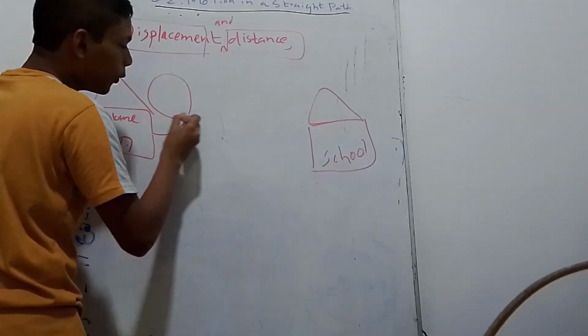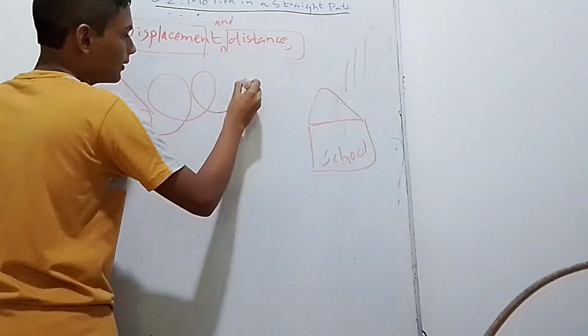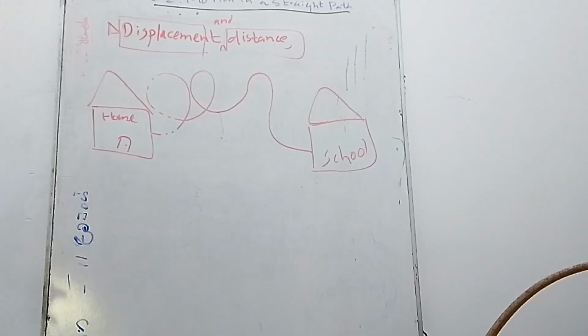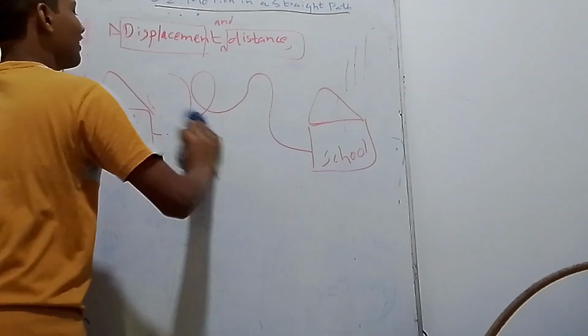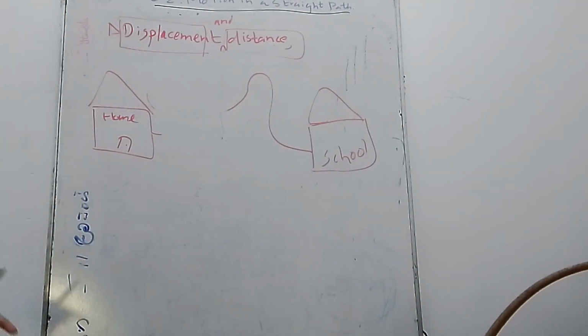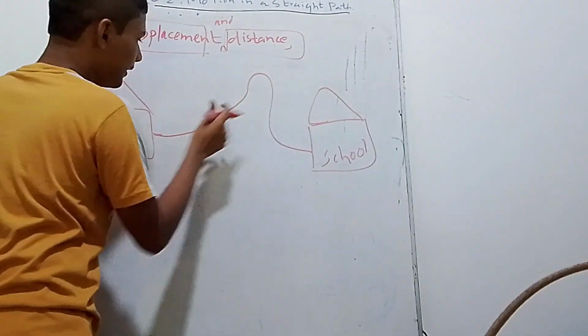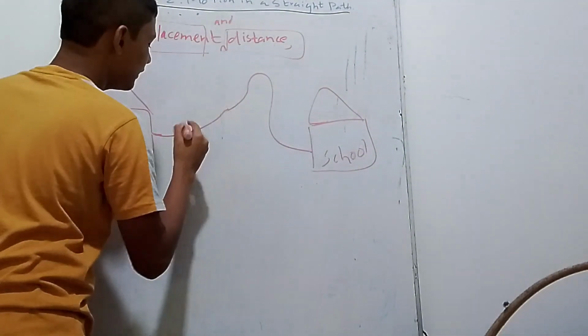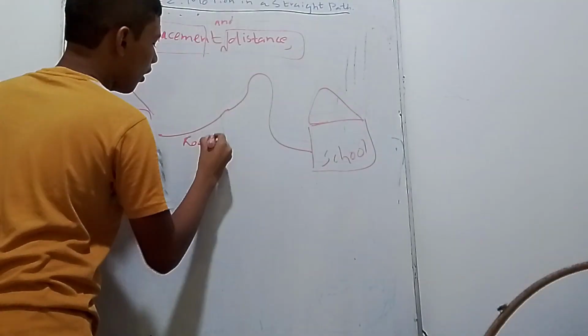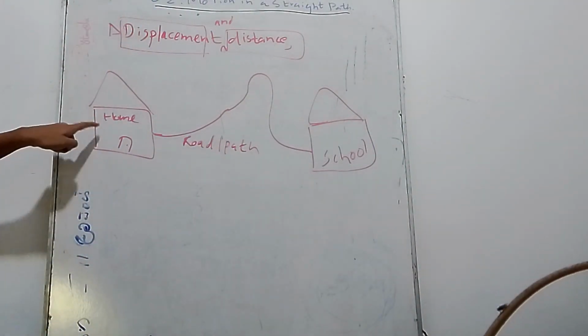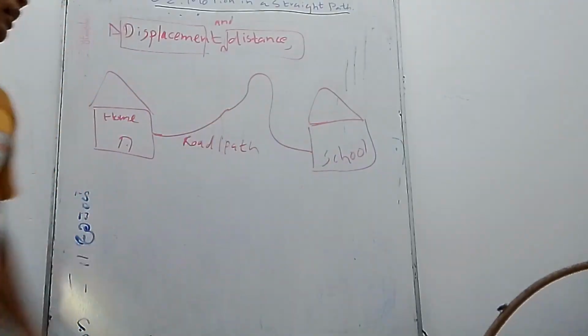Just think this is the road or the path. Wait, it should be simpler. So think that this line is the road or the path. Okay, imagine this is your home and imagine this is your school.